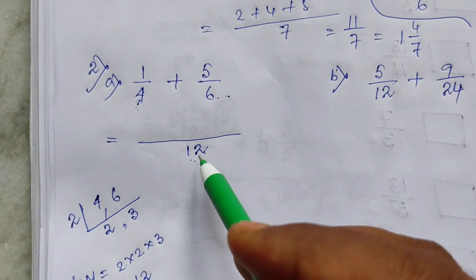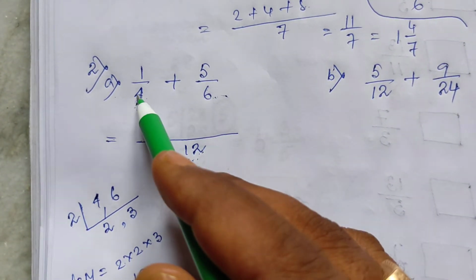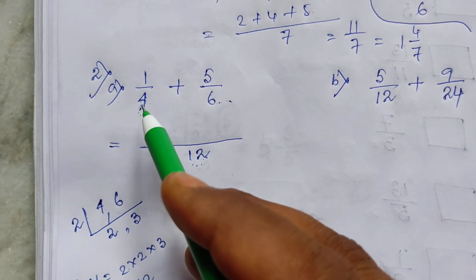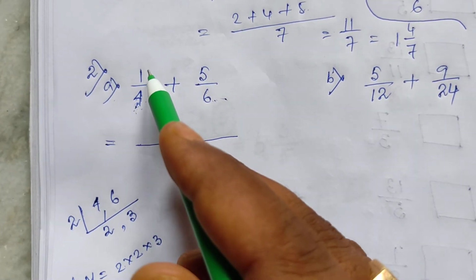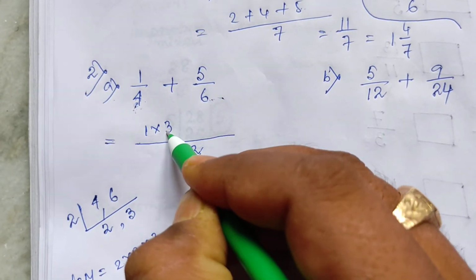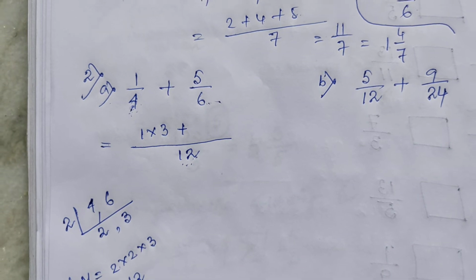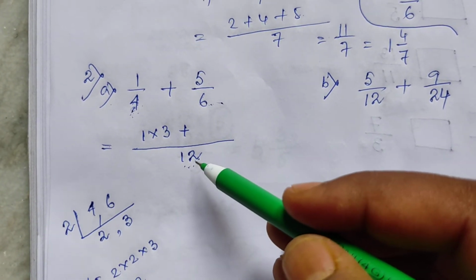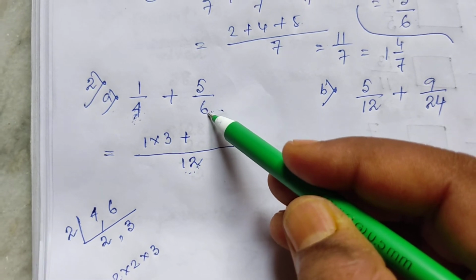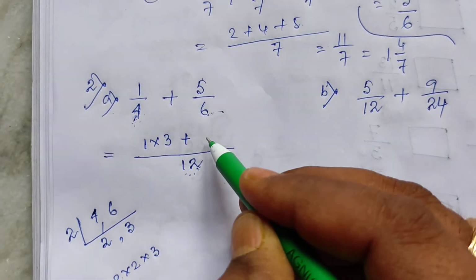Now when I am dividing 12 by 4, I will get the quotient 3 and multiply the quotient with the numerator. That is 1 into 3 plus 12 divided by 6, that is 2.